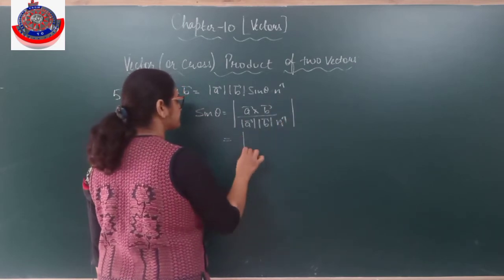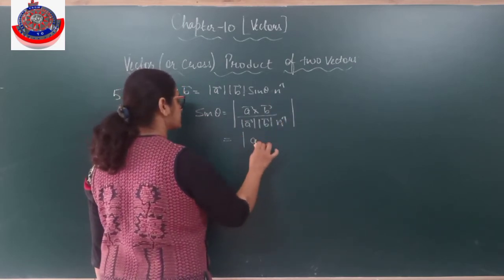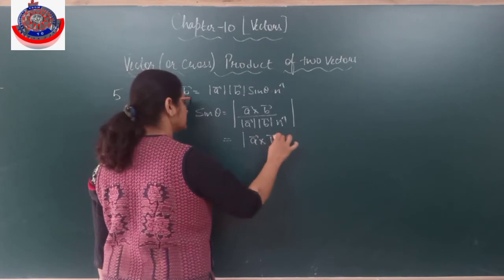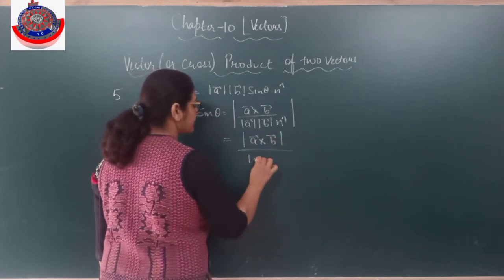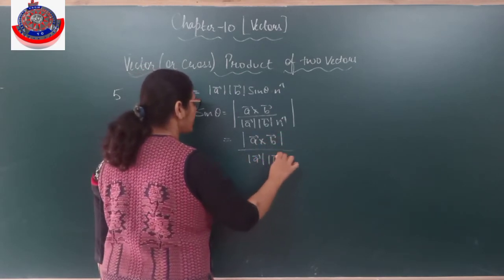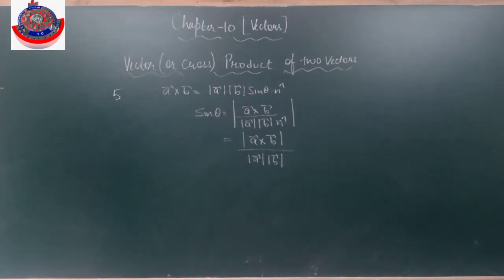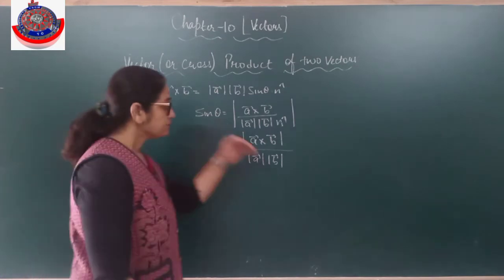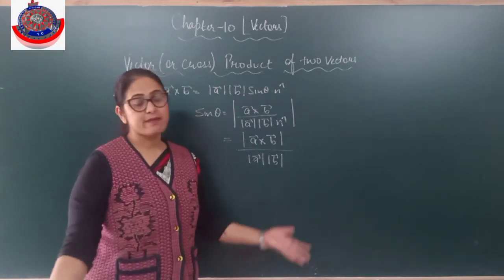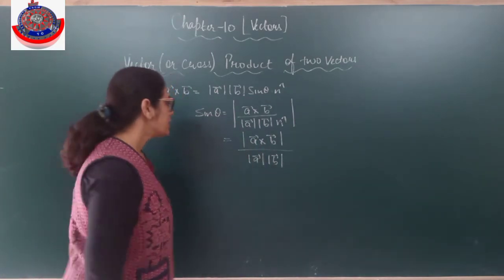Take the magnitude. Magnitude of a, magnitude of b, and what will be the magnitude of n cap? N cap is a unit vector mutually perpendicular to a and b. So the magnitude of n cap is going to be 1. So this is the formula.